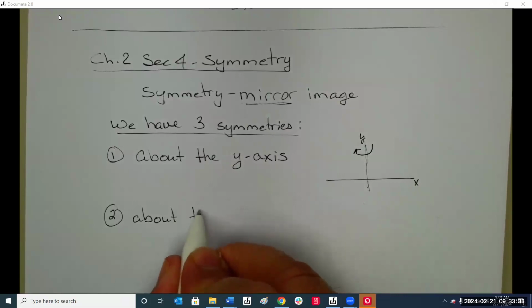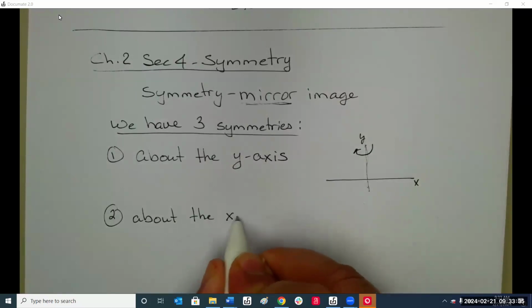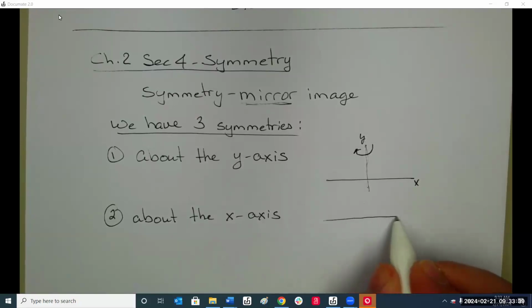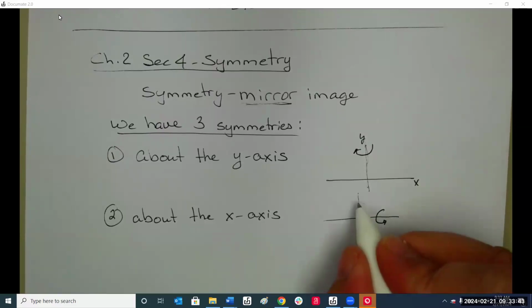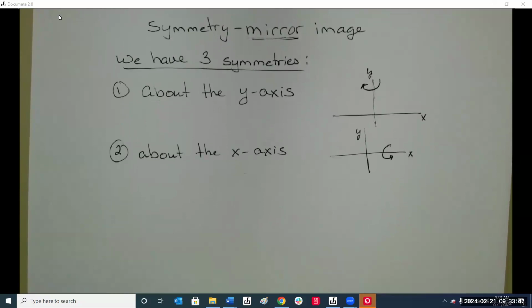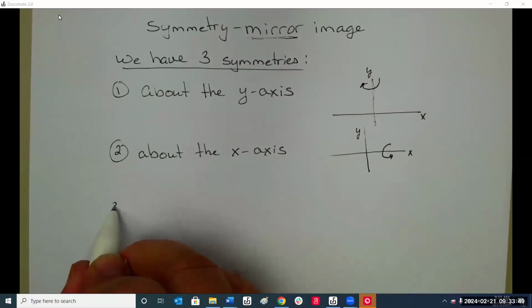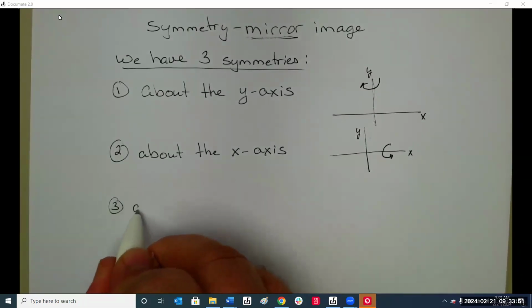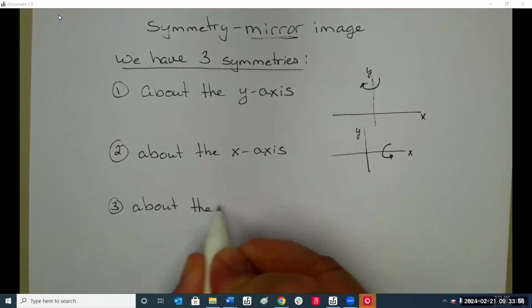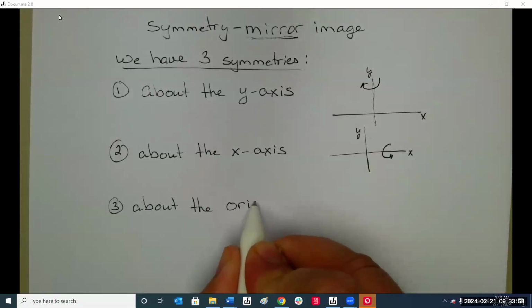Then we have one about the x-axis. And then the last one is about the origin.